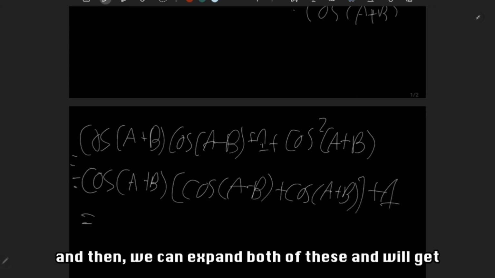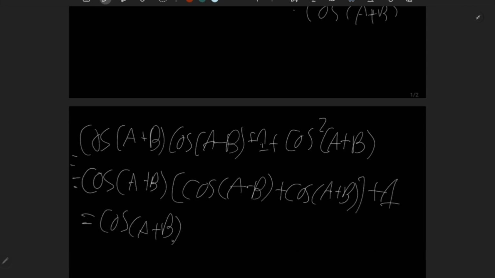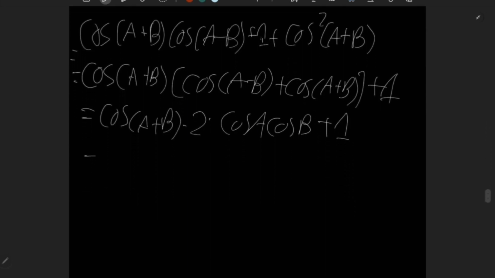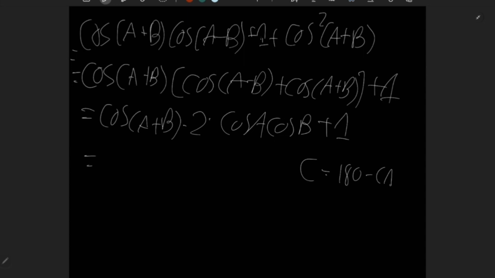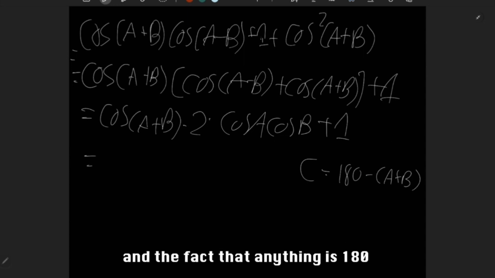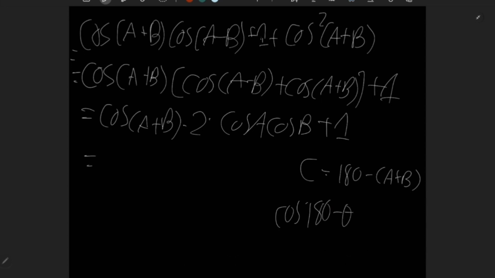And then we can expand both of these and we'll get cos (A plus B) times 2 cos A cos B plus 1, which now seems to be quite familiar. Now we can also transform A plus B back to C by remembering that C is 180 minus (A plus B), and the fact that cosine of 180 degrees minus theta will become minus of it.